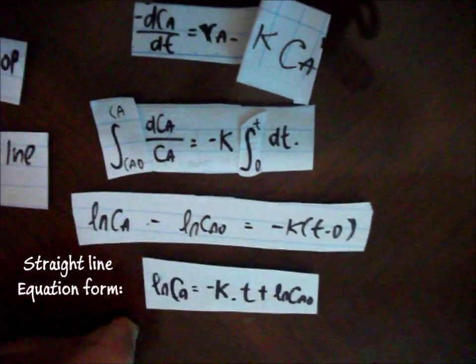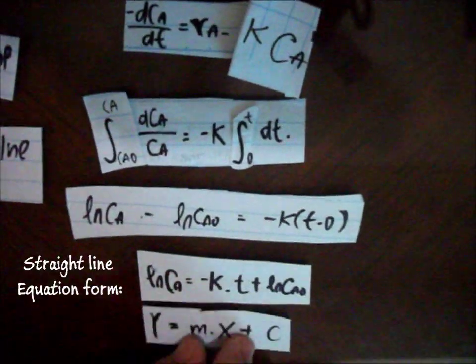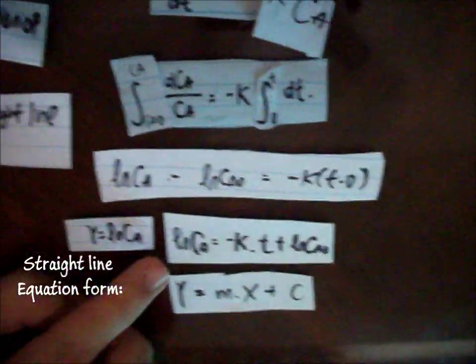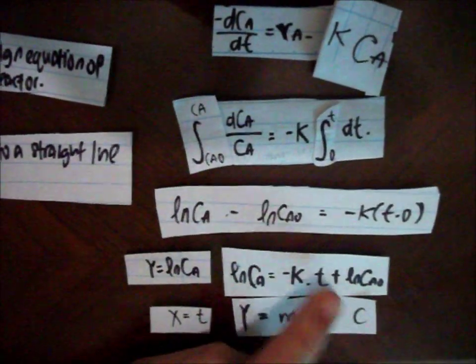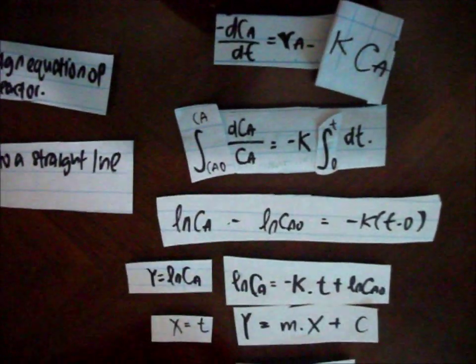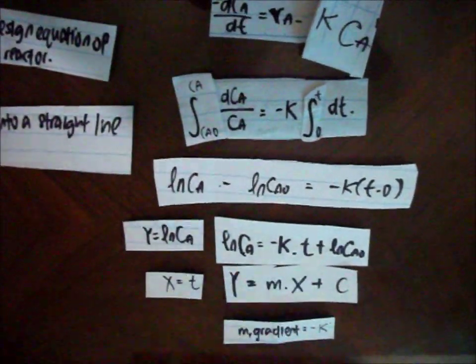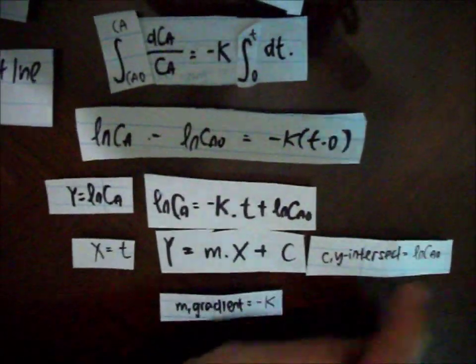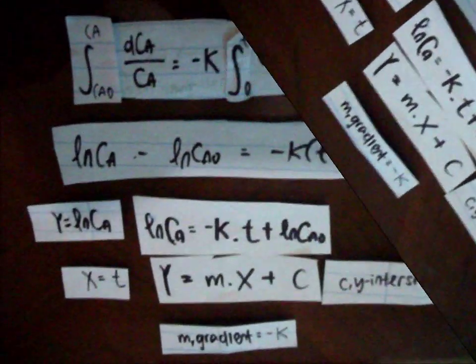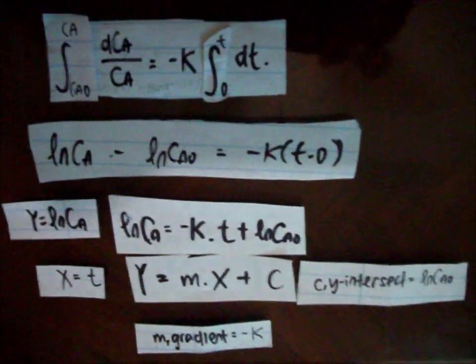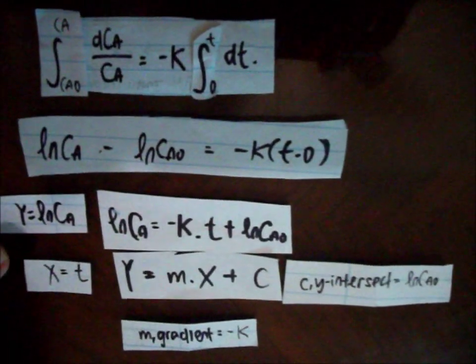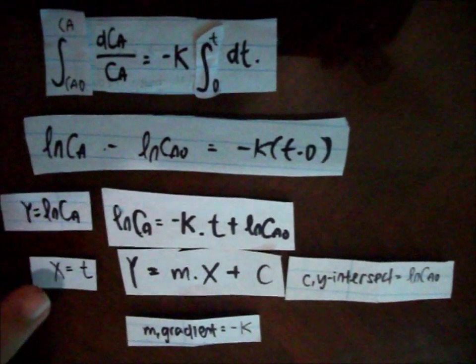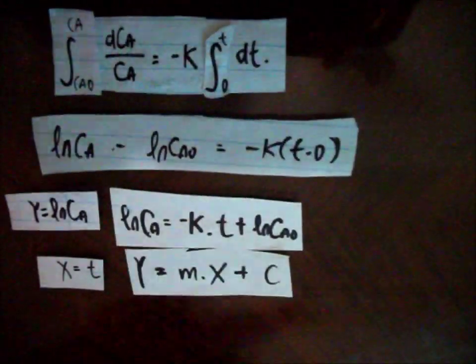This is the straight line equation form where y equals ln CA, x equals t, the gradient m equals negative k, and the y-intercept equals ln CA naught. Now we have to plot a graph of ln CA against t.